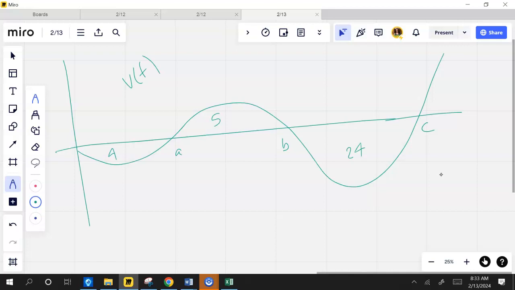When does it achieve? But it says only between A and B. Nope, I lied. 0 and B. 0 and B. So where's the slope the greatest there? Greatest positive. It looks like, yeah, if I keep doing some tangent lines here, the greatest slope is going to come in right around here.